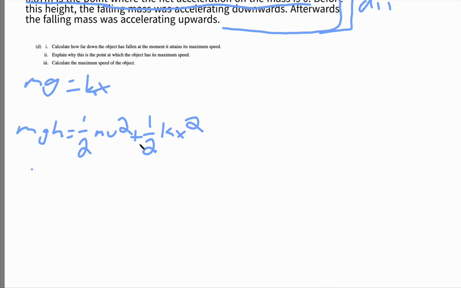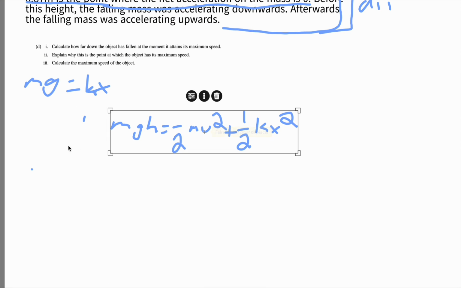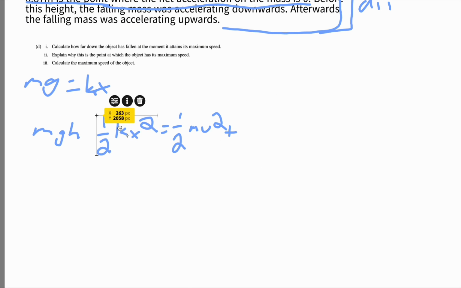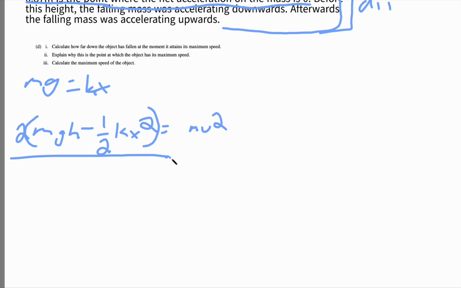So if we want to isolate for velocity, let's move this over to the other side. Multiply everything by 2. Divide everything by m.